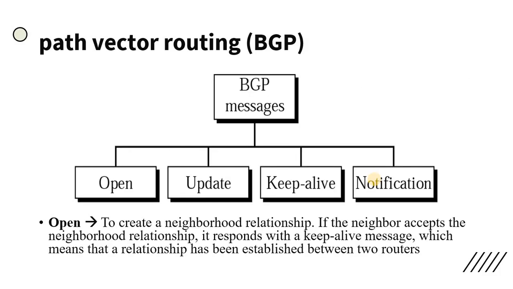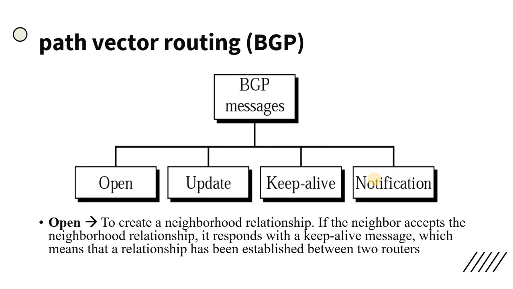Now, BGP messages are of multiple types. First is open. As the name suggests, if I want to create a connection with any neighboring node, the message used is an open message.